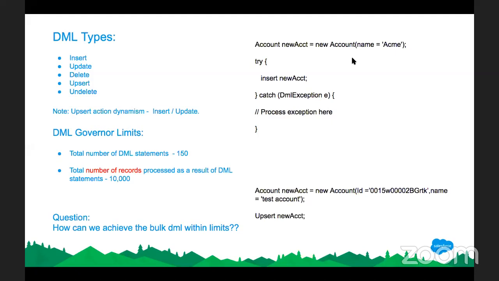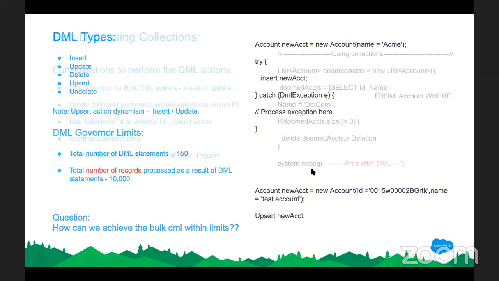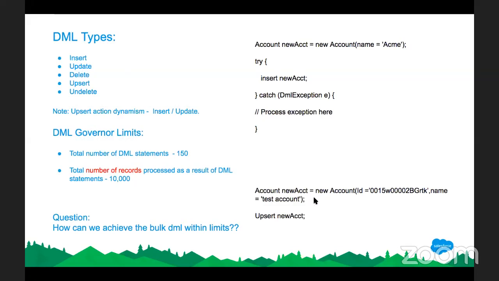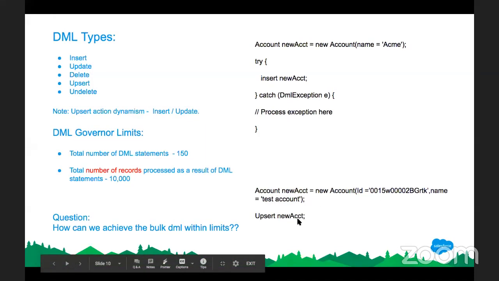Now, in this transaction, if you look at this example, I have one DML statement, and the number of processed records is only one account. Now look at the second example. Here I again initialized an Account, and I have given the Salesforce unique identifier, and I mentioned the name as Test Account, and I'm doing the upsert action.